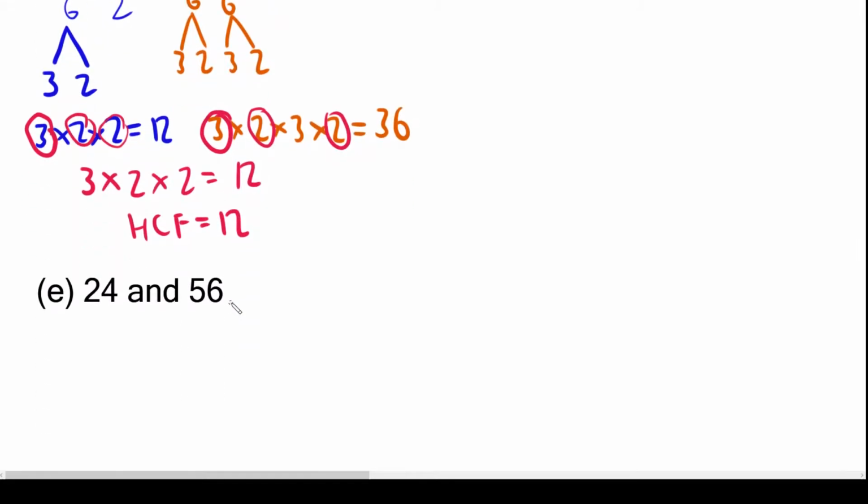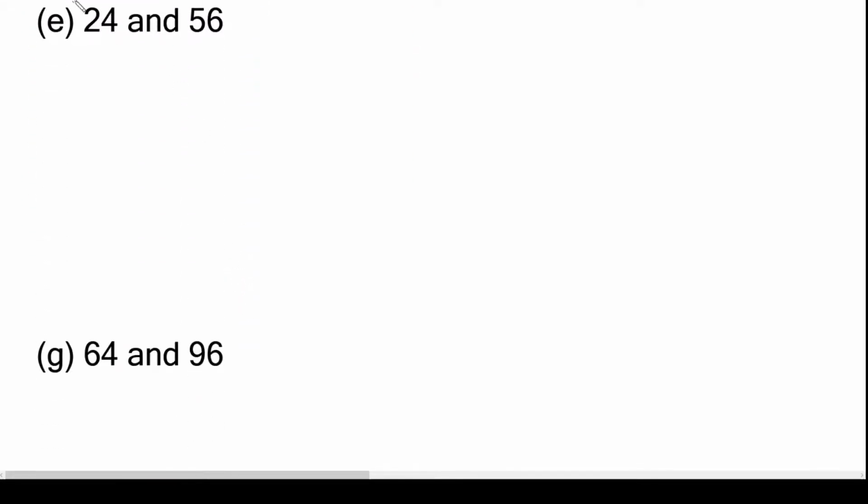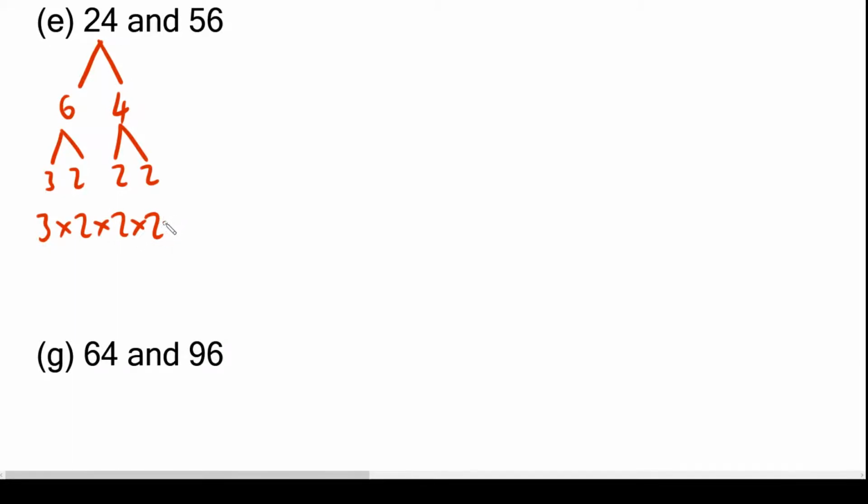Let's go and look at E. So we've got 24. 6 times 4 is 24, 6 is 3 times 2, and 4 is 2 times 2. So our prime factors: 3 times 2 times 2 times 2 equals 24.